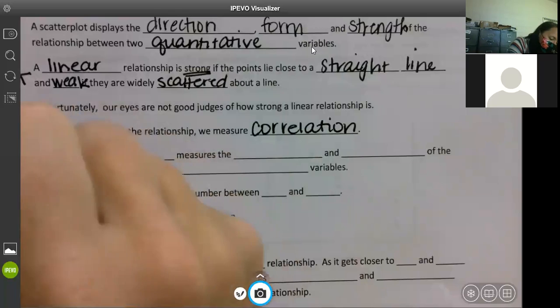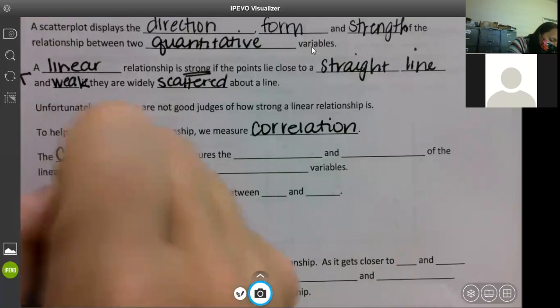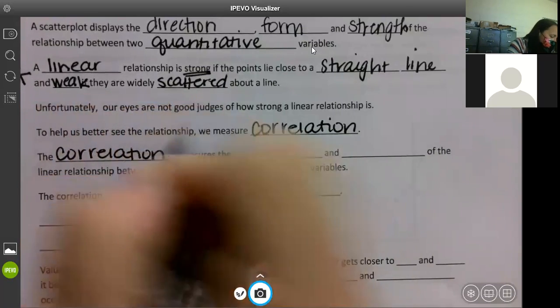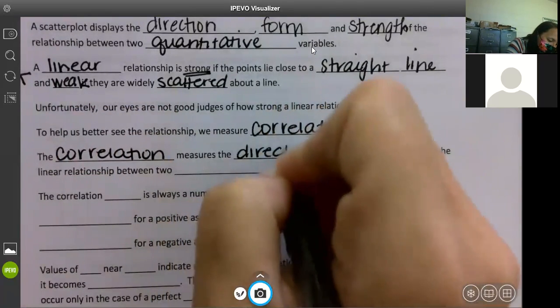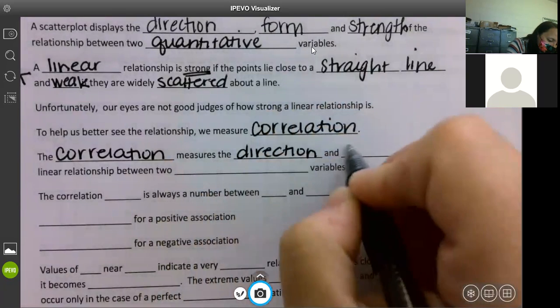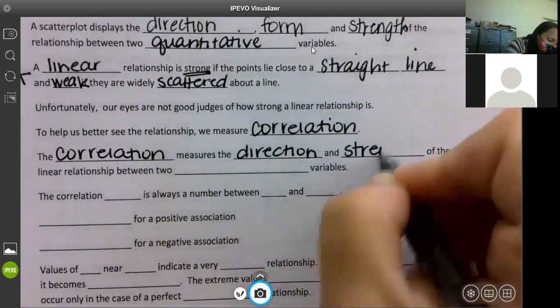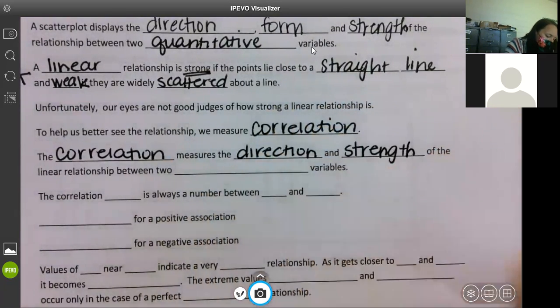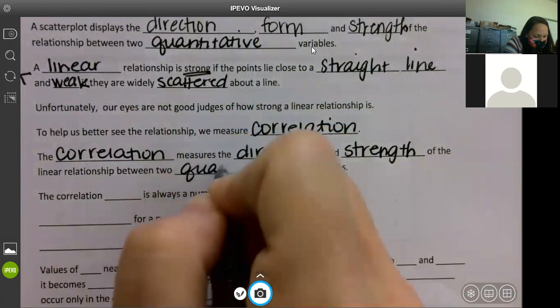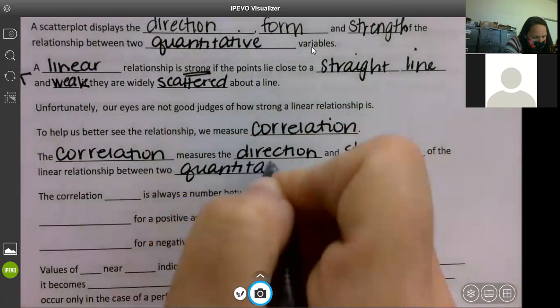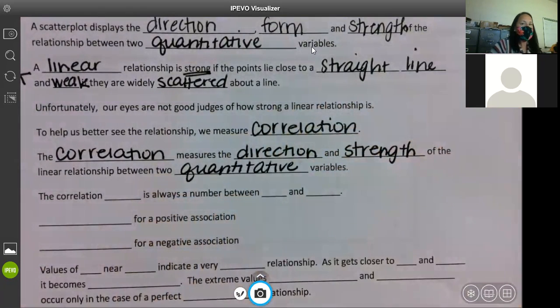The correlation measures the direction and strength of the linear relationship between two quantitative variables. I think that's one of your definitions as well, you'll do next Wednesday.